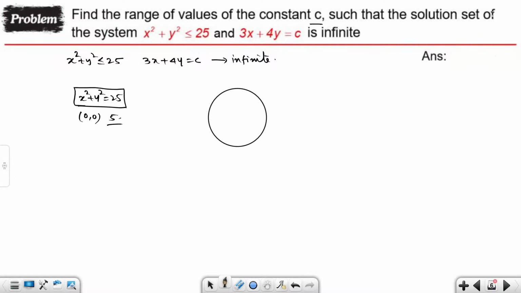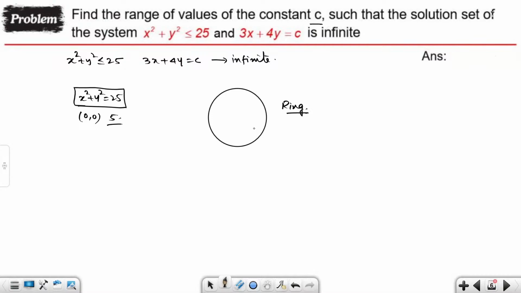So where do x and y lie? X and y lie on the circumference of this circle. And this is what is called your ring. Ring means the points are always on the circumference of that circle.